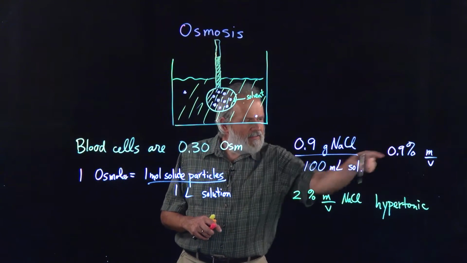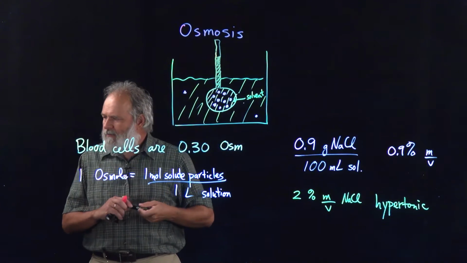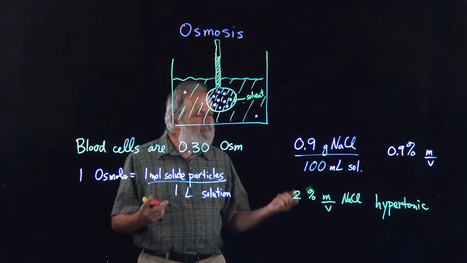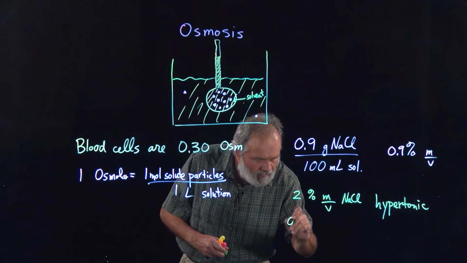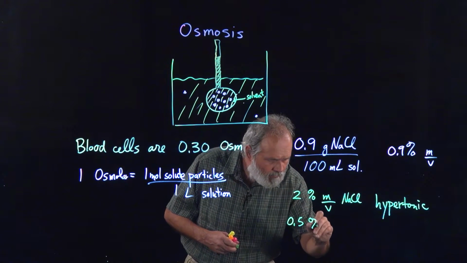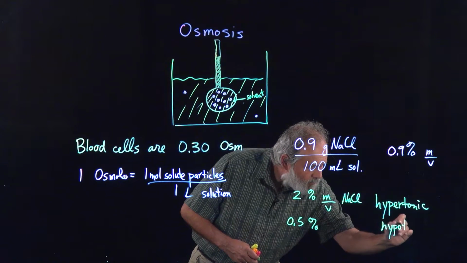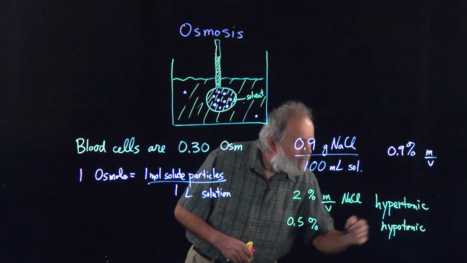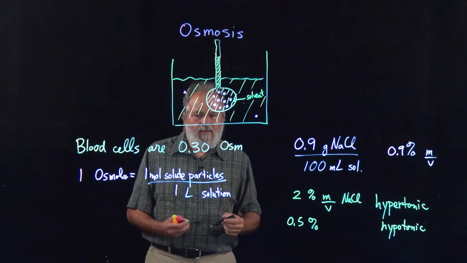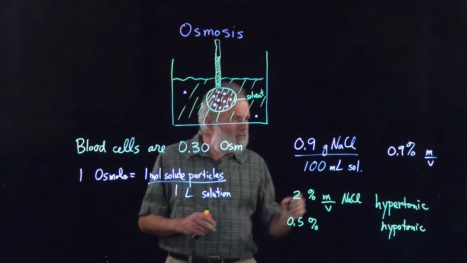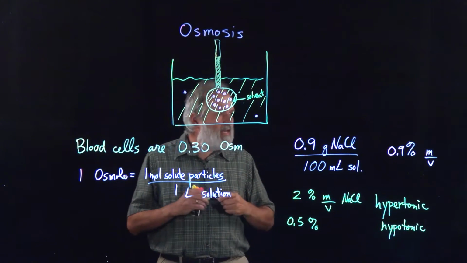It's higher than the 0.9%. And 0.5% is hypotonic because it's below the 0.30 osmolar that you get from 0.9%.